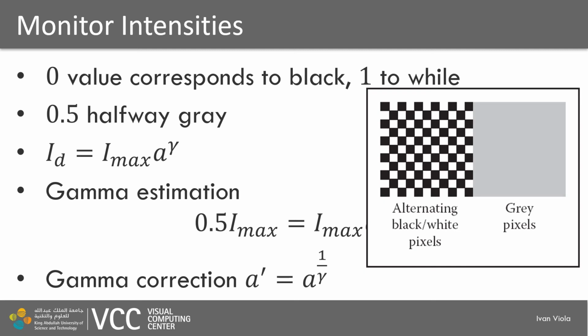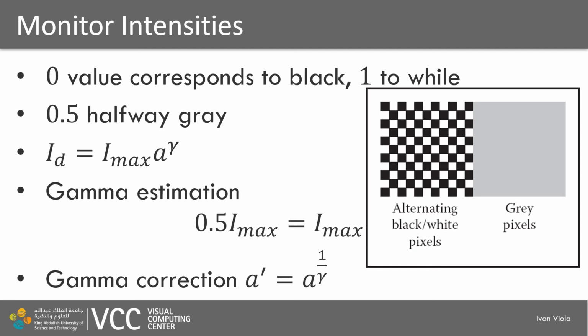In this particular case, the gamma value will be 2, meaning that gamma is the power function of 2 to map the input value into the final intensity.